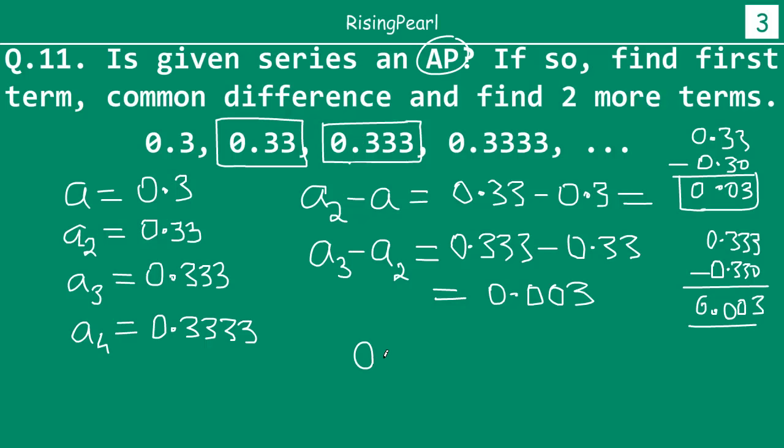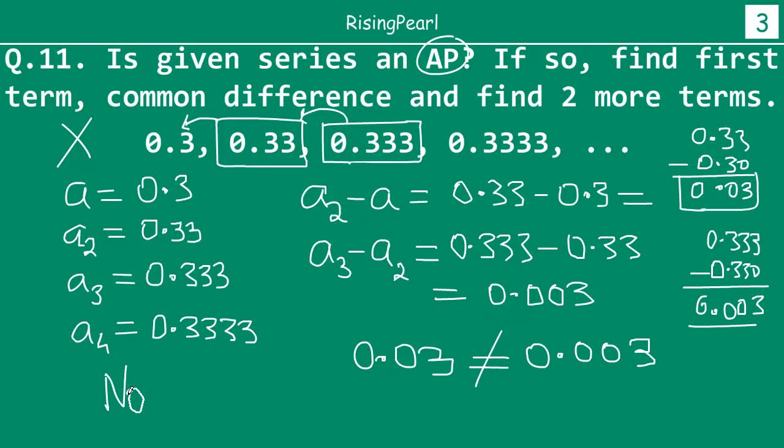So we clearly see that 0.03 and 0.003 are not equal. That means the difference between these two numbers and these two numbers are not equal. So this series is not an arithmetic progression.